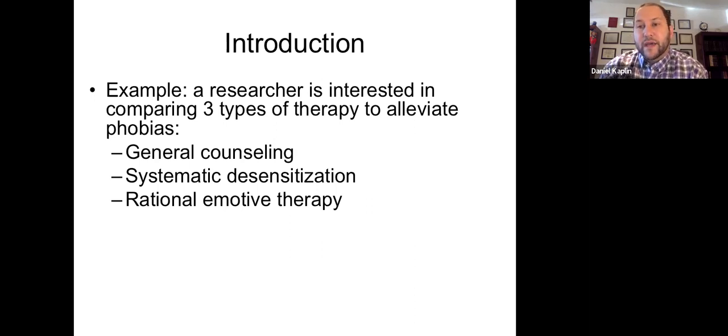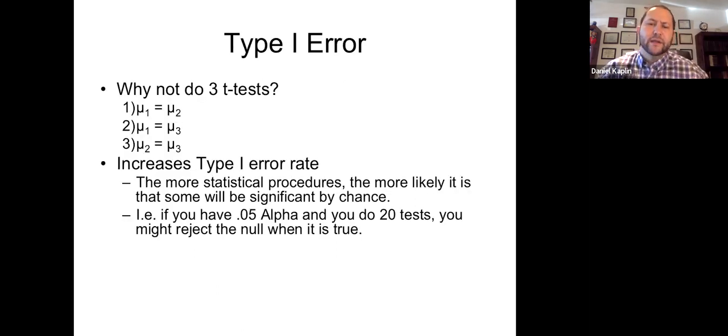And then we could compare that against rational emotive behavioral therapy. And rational emotive behavioral therapy is the belief that our thoughts and our emotions drive our behaviors. So this is more of a form of cognitive behavioral therapy, whereas systematic desensitization, being an exposure therapy, is more of a pure behavioral intervention. So that's the scenario. We're going to come back to it.